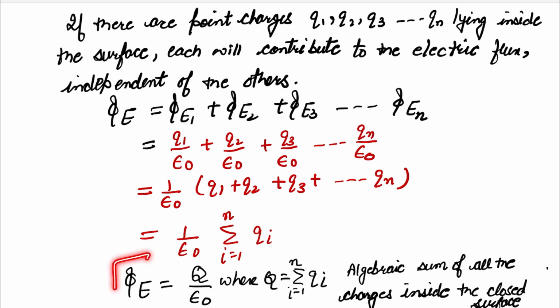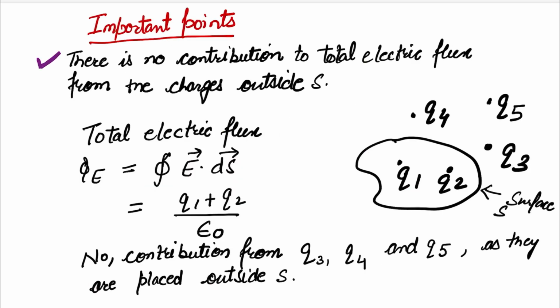So phi E, the electric flux, is the total charge contained inside the surface divided by epsilon naught. Another way to state is the electric flux is 1 upon epsilon naught times the total charge Q contained inside the closed surface. On the basis of this information, we conclude that electric flux is dependent upon the charges which are present inside the surface.